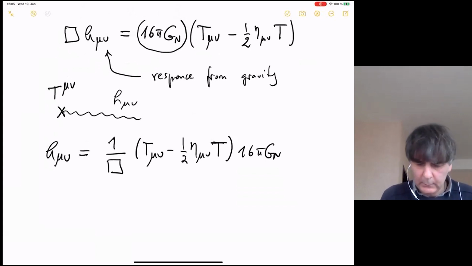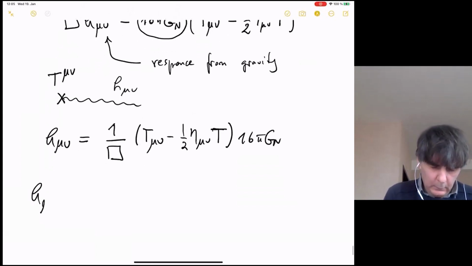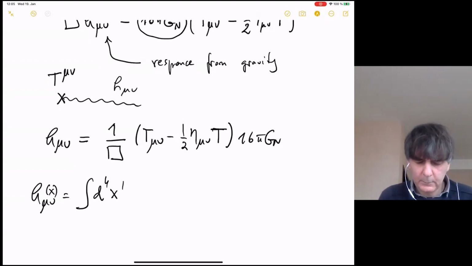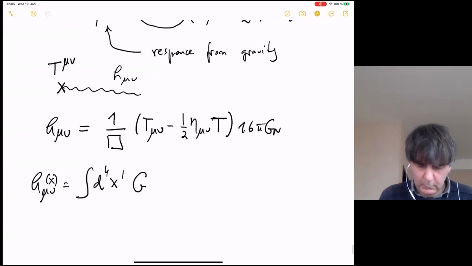Or we can write it as, so this is at point x prime, and let me call it G, a propagator of the graviton.